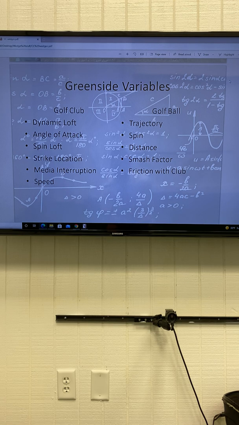Okay, so it's twofold. Getting the correct dynamic loft from the correct club choice is the twofold solution, because now I don't need a whole bunch of speed and I compromise technique, but also at those speeds with less dynamic loft, I can get friction on the golf ball and control my trajectory and spin. So this is a very common question that I get among, again, every level of golfer.